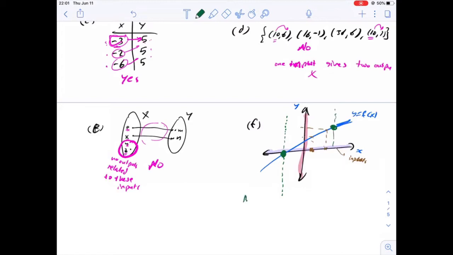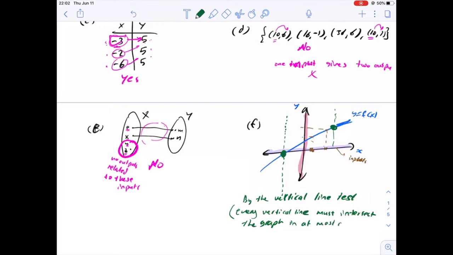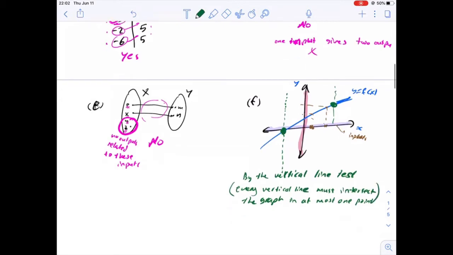So by the vertical line test, which says every vertical line must intersect the graph in at most one point, this graph passes the vertical line test, so yes, it's a function.